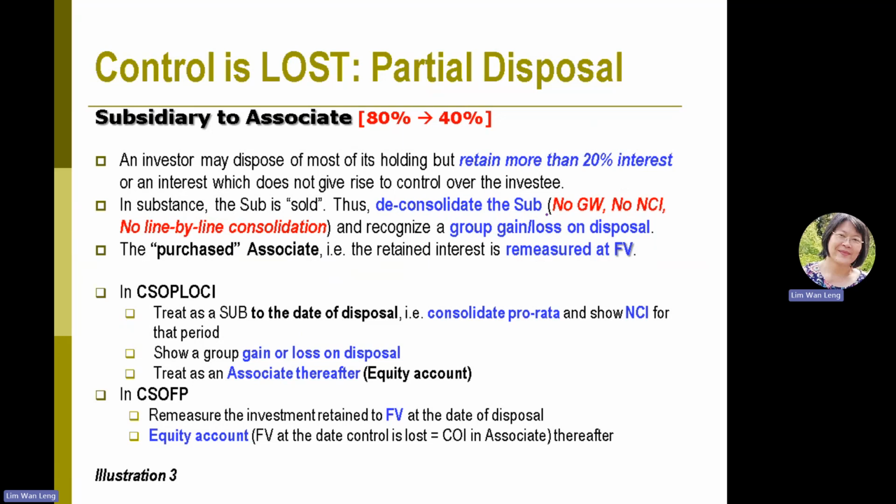You put in your gain or loss on disposal, you put in the share of profits from the associate, and in the consol SOFP, you remeasure the investment, making sure that it is retained at fair value, equity accounted.